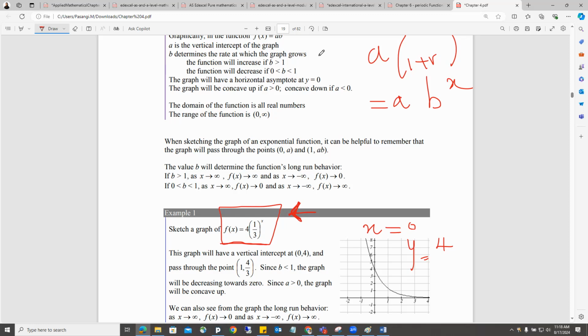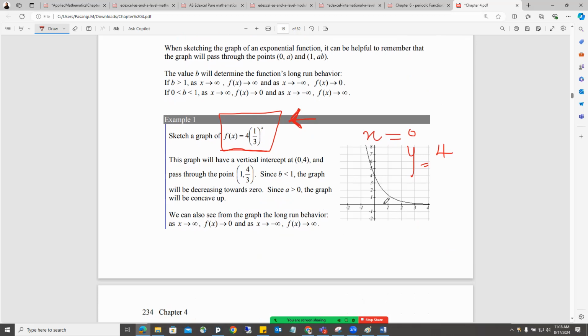Done? Yes. Okay. How does the curve look? It's a decay. So when x equals 0, we have the y-intercept, right? Yeah, when x equals 0, we have y equals 4.